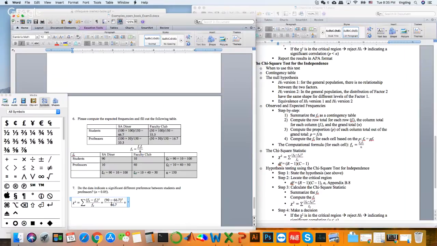It's the first cell, and then go to the second cell, this one and this one. 10, 40.